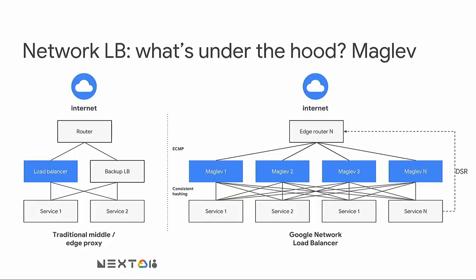What this means is as Maglevs or our load balancers are added to the pool, we'll get consistent results as that backend is selected. The Maglevs then encapsulate that traffic based on the virtual network ID for the customer and send that to the backend service. And then we use direct server return to send that traffic directly into our edge routers. So the Maglevs are not in path for the return flow.